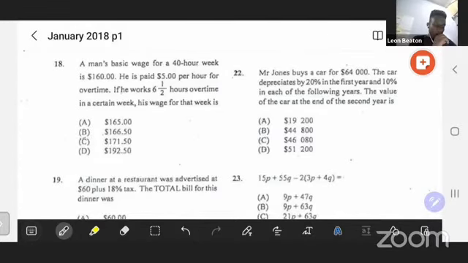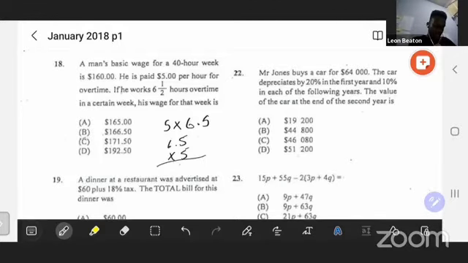So let's find the amount of money that he is paid if he works 6.5 hours. So he's paid $5 per hour and he worked 6.5 hours. So this would be 5 multiplied by 6.5. So let's work it out. 6.5 multiplied by 5.